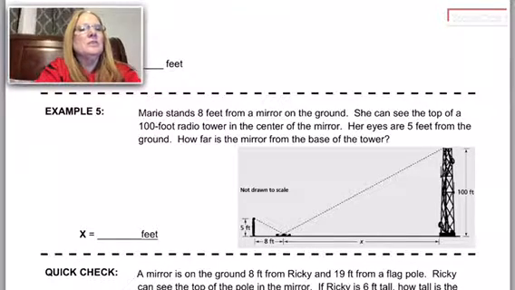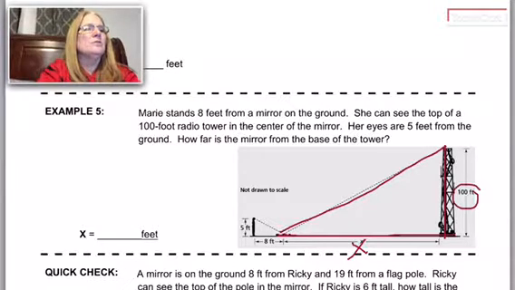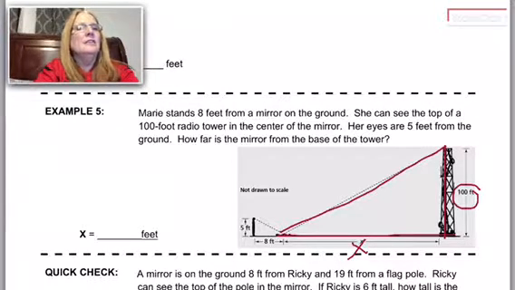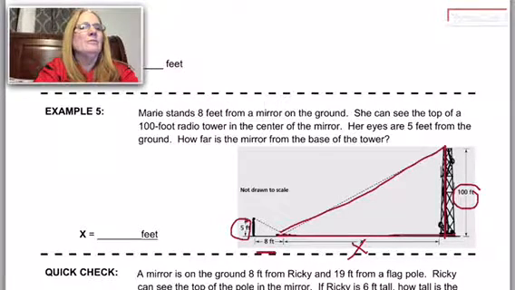Whenever you have problems like this, you're going to put your mirror here in the middle, and then go off into 2 different directions. So here, we want to know how far the mirror is from the tower. So there's our x when the tower is 100 feet. And then here they give us that this person is 5 feet tall, and they're 8 feet from the mirror.